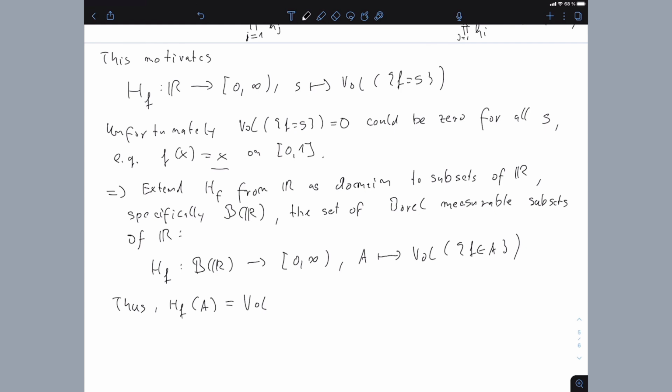But first, let's note how you can compute this. Oh wait, I forgot something. And I think I will end on that note also. So this H is now a positive measure.